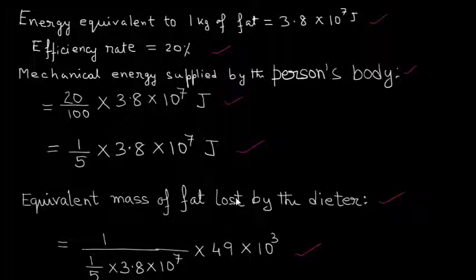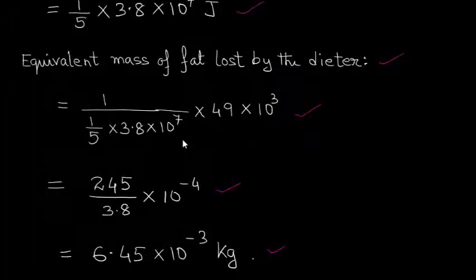Equivalent mass of fat lost by the person is equal to 1 upon 5 multiplied by 3.8 multiplied by 10 to the power 7 multiplied by 49.49 multiplied by 10 to the power 3 is equal to 245 upon 3.8 multiplied by 10 to the power minus 4, which is equal to 6.45 multiplied by 10 to the power minus 3 kg.